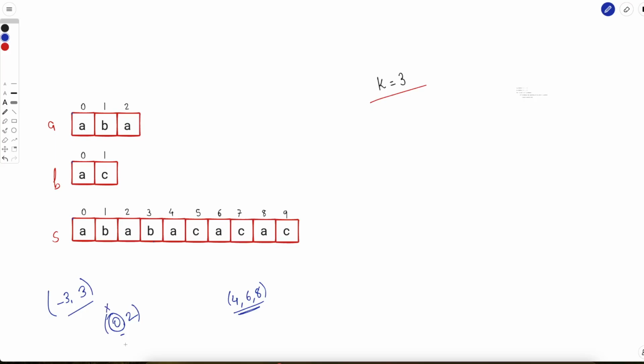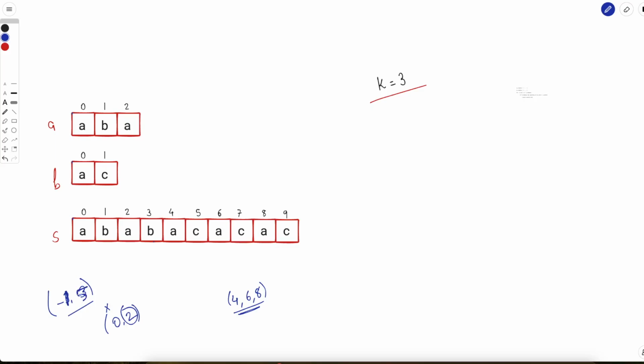Now what about 2? Is 2 beautiful? Again, for 2 to be beautiful, there should be a matching B between 2 minus k and 2 plus k. So 2 minus k is -1 and 2 plus k is 5.